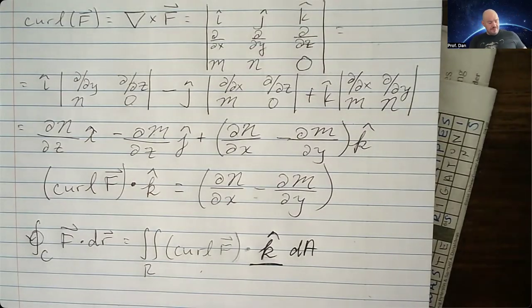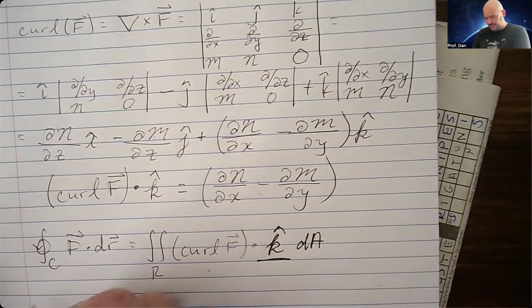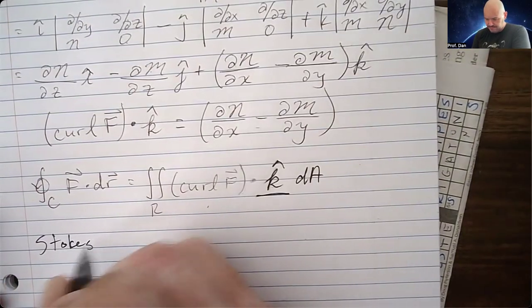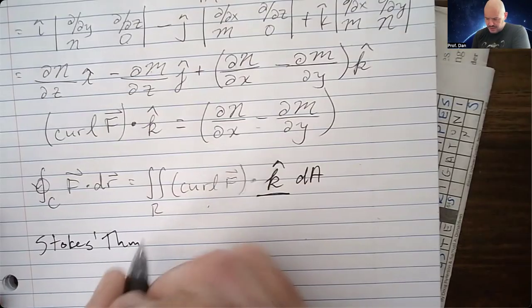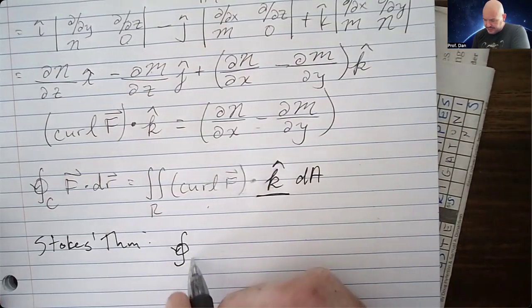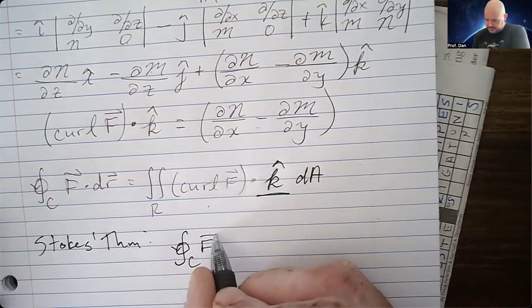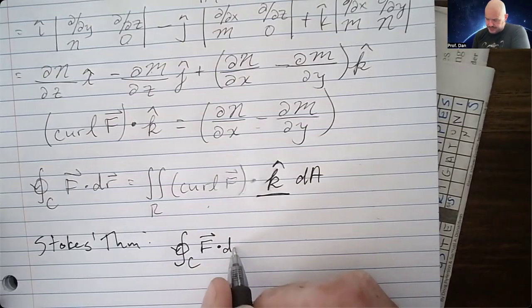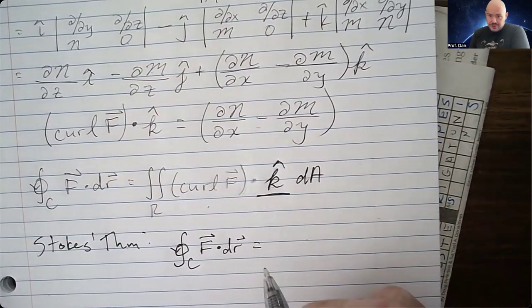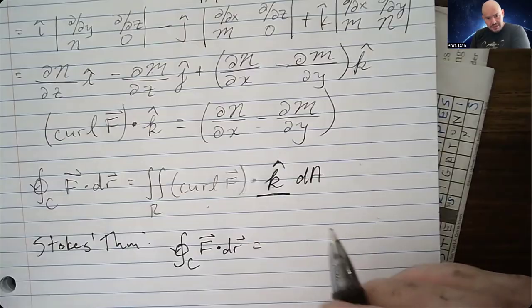So Stokes' theorem basically says that you can take this path integral and you can convert this into a surface integral, right?